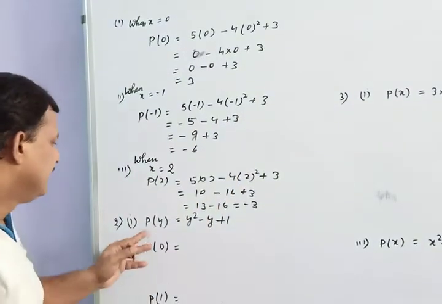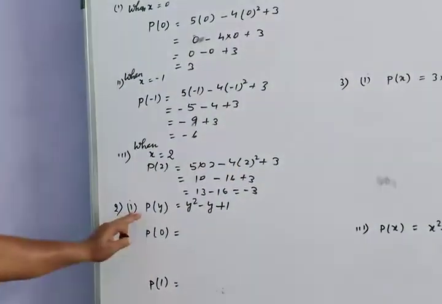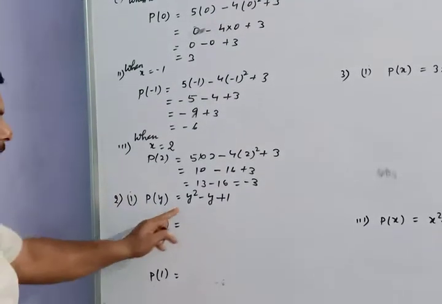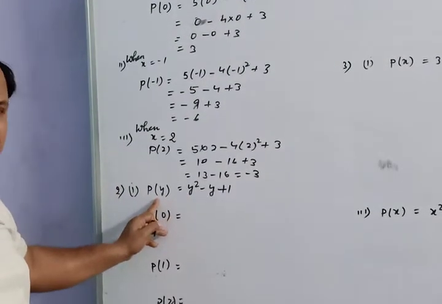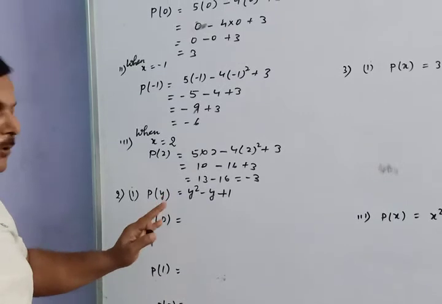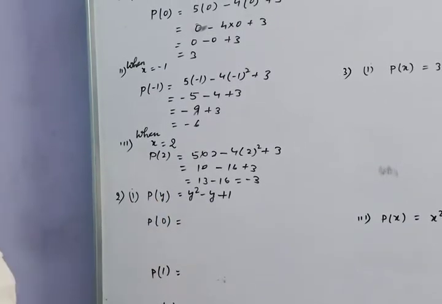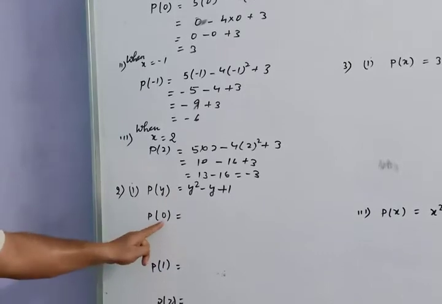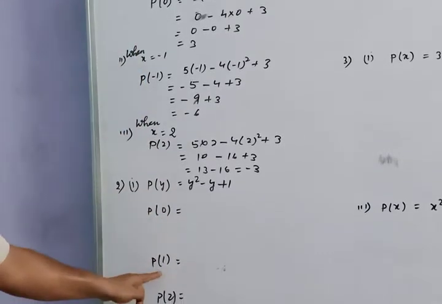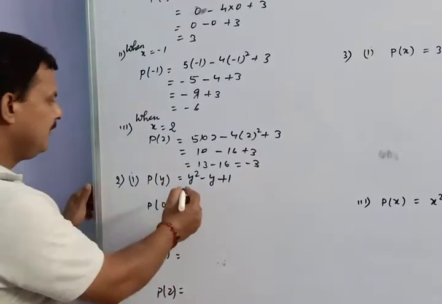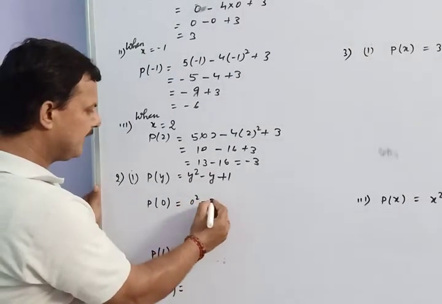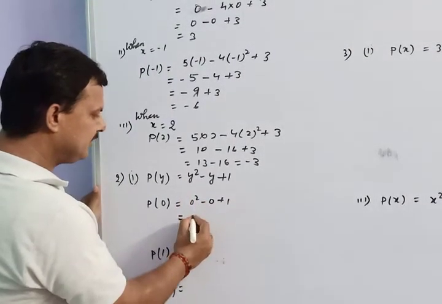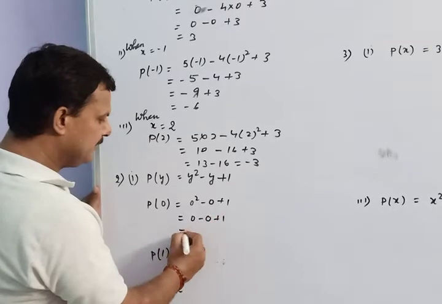Now in question number 2, the polynomial is already named p(y) in the question, so no renaming is possible. You have to find the value of the polynomial at 0, similarly at 1, at 2. So you put here 0 square minus 0 plus 1, means 0 minus 0 plus 1, which is 1.